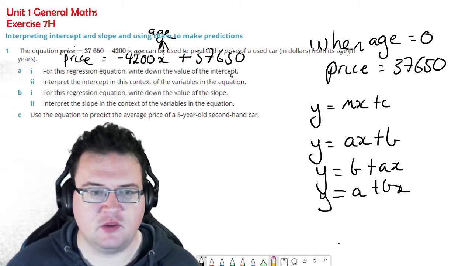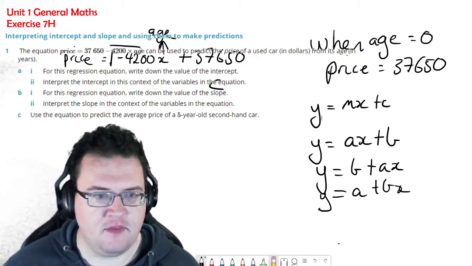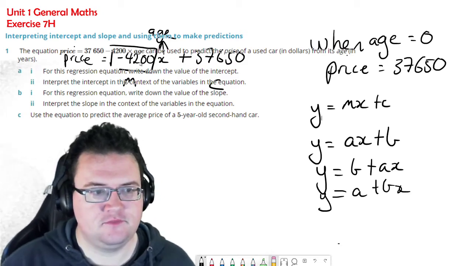So it looks more like what you're used to dealing with. There's your C value, and that is your M value.